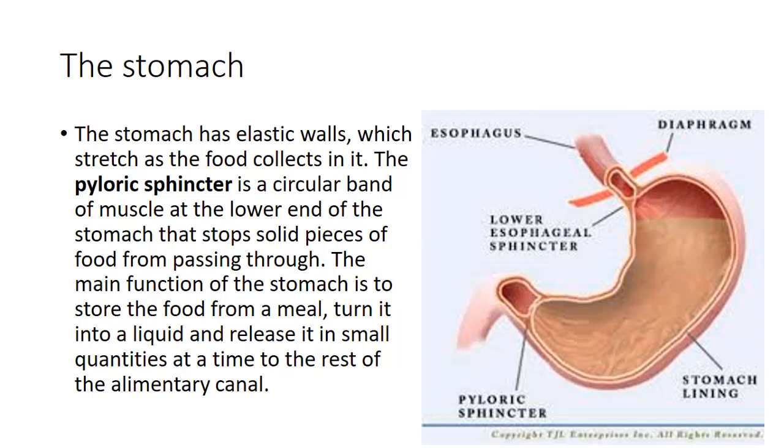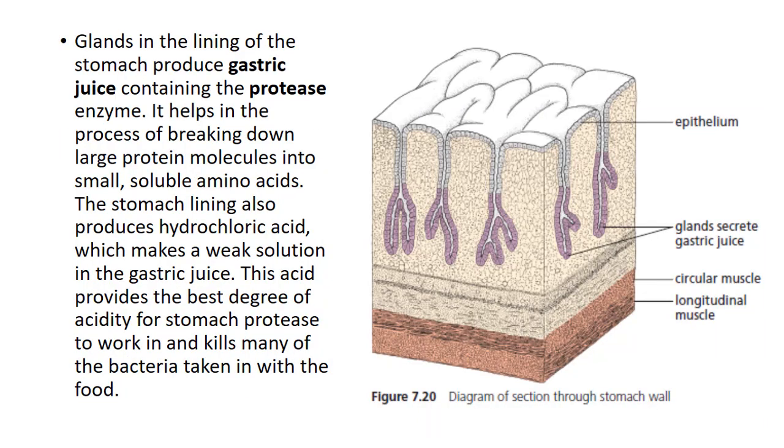The main function of the stomach is to store the food. Here we have some liquid, the stomach juice, and the food particles reach that place. After staying here for some time, it becomes more liquid, and it can easily pass to the small intestine in small quantities and travel through your alimentary canal.